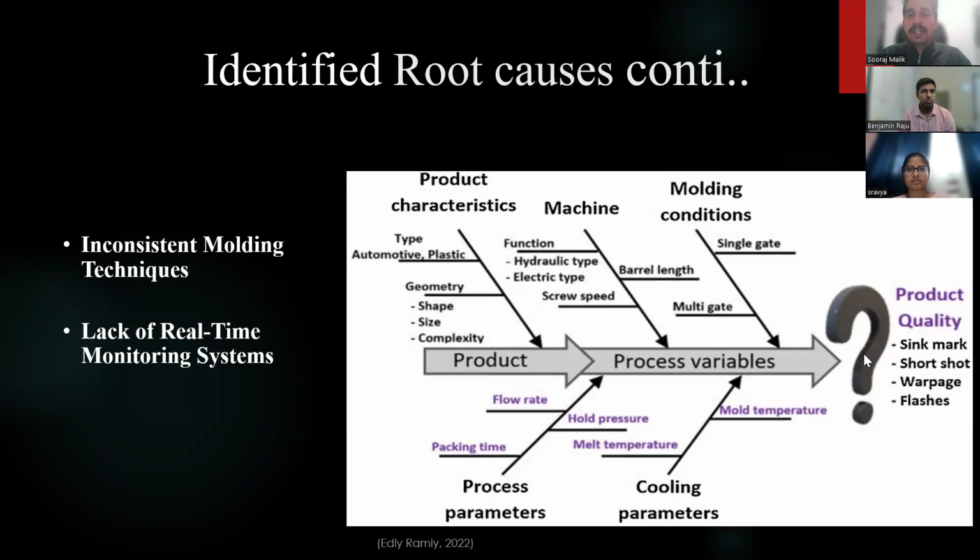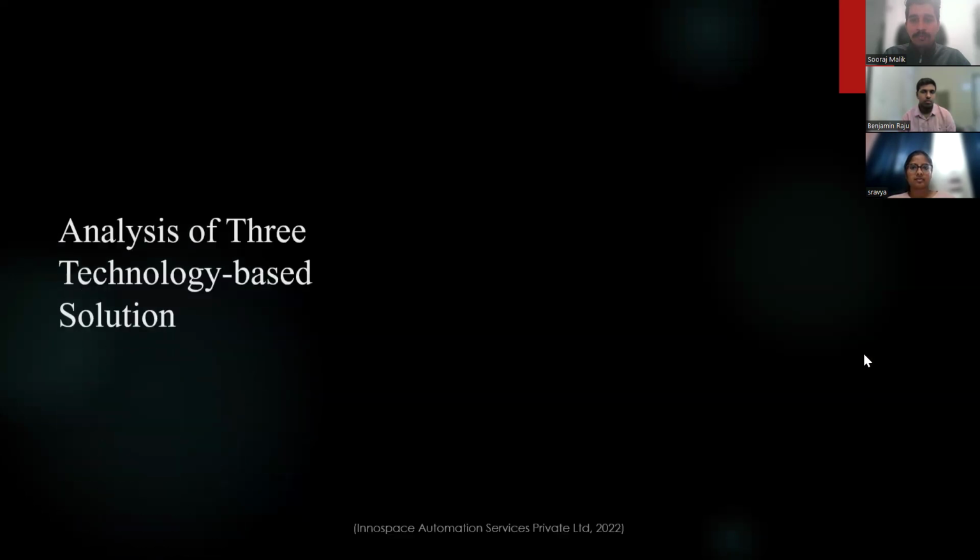These process variables play a vital role in the final quality of the product. Any difference in these process variables can result in defective parts. During our research, we found the defective parts are caused by inconsistent molding techniques, because not maintaining these process variables affects the quality of the final product, and by the lack of a real-time monitoring system.